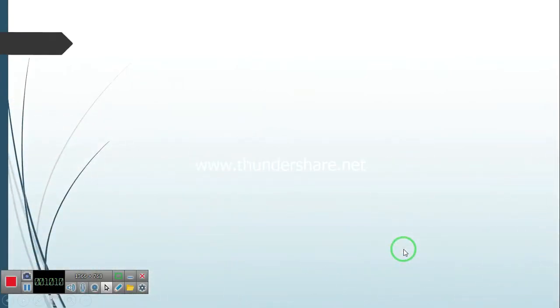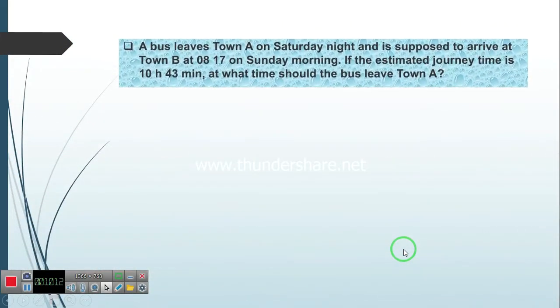Go to the second example of word problem here. A bus leaves town A on Saturday night and is supposed to arrive in town B at 8:17 on Sunday morning. Okay, this goes into the second day, and its estimated journey time is 10 hours and 40 minutes. At what time should the bus leave town A? They're asking about departure time, so it's the same thing.